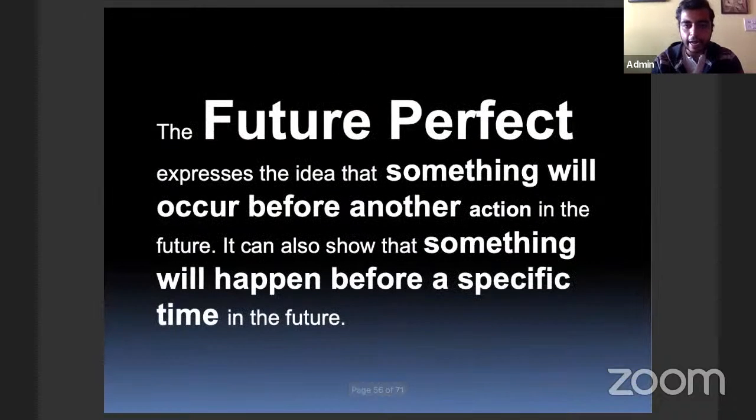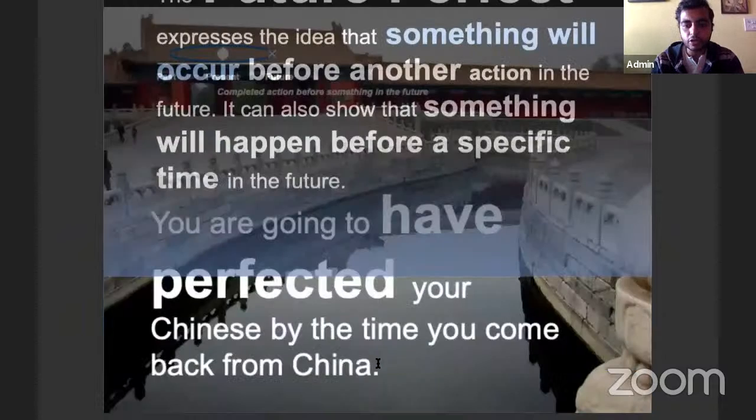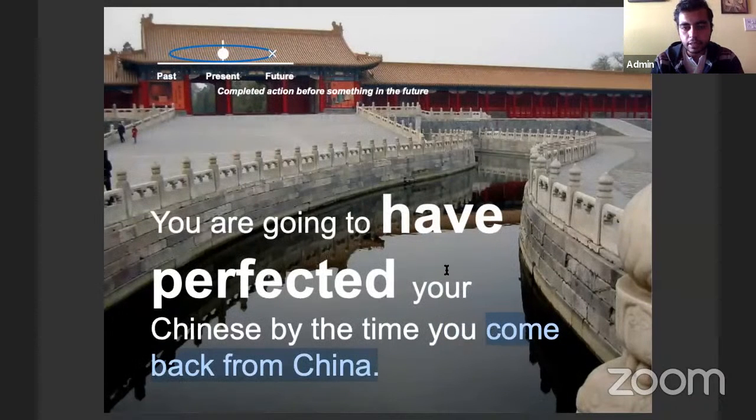And the second action or state that will happen before that action of coming back from China is perfecting your Chinese. So you are going to have perfected.